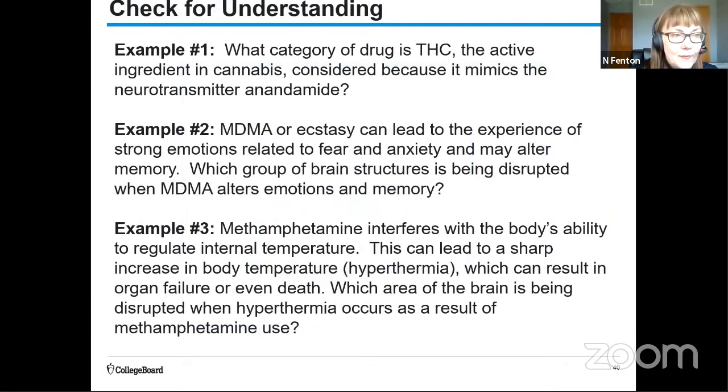Okay, so now I'm going to give you some check for understandings that are going to ask you to incorporate what you understand about the brain and the nervous system in conjunction with what we've just been talking about with psychoactive drugs. So take a few moments and take a look at these 3 examples.